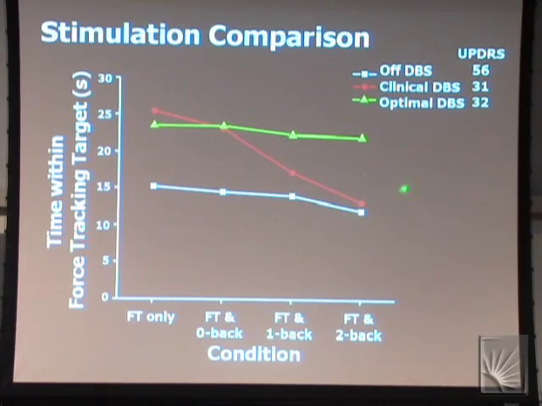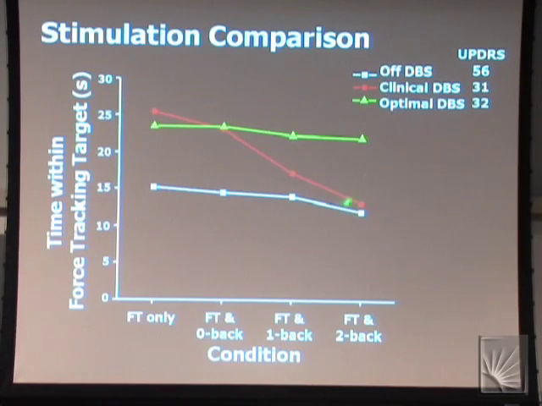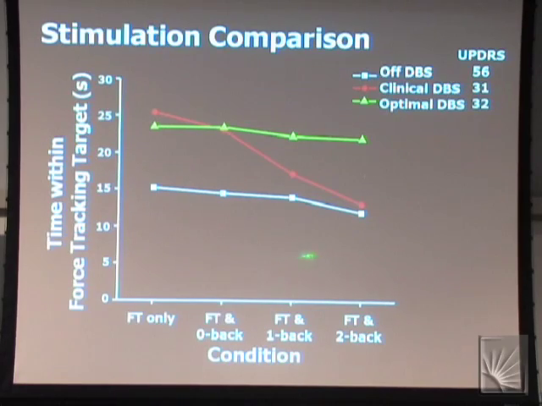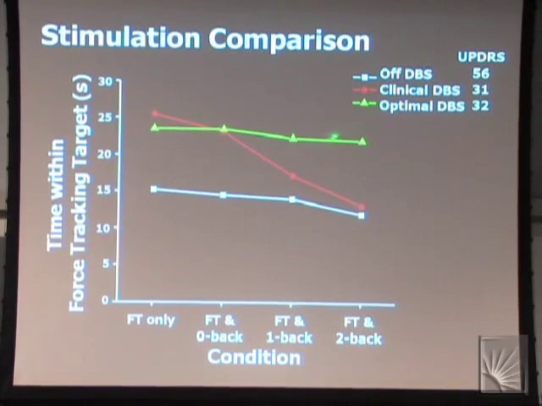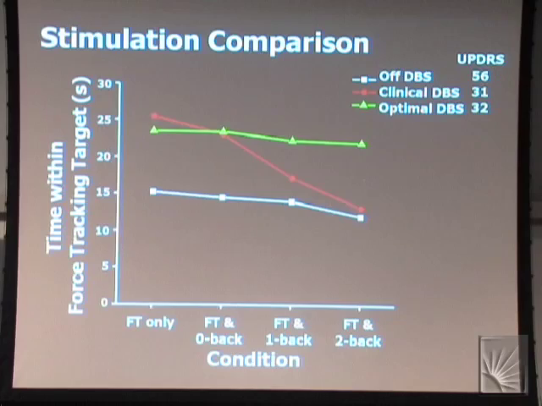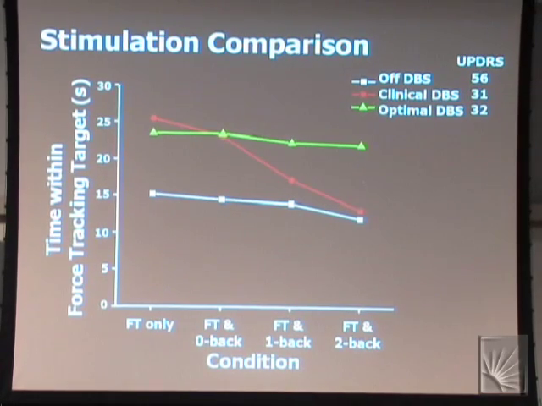When you're doing these two complicated tasks simultaneously, you're basically back to not having DBS at all. But with the model parameters, we actually saw very little decrease in their ability to perform the task. So this was our first patient, and boy, that was really encouraging.